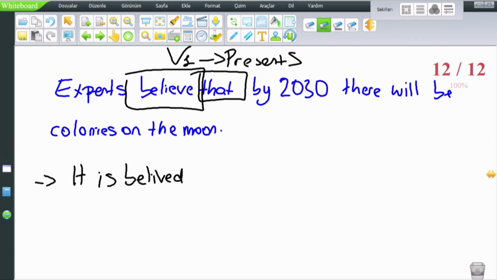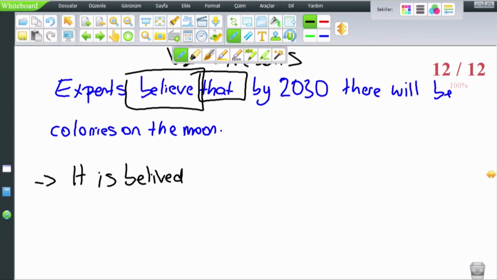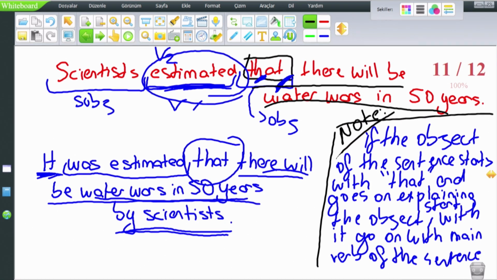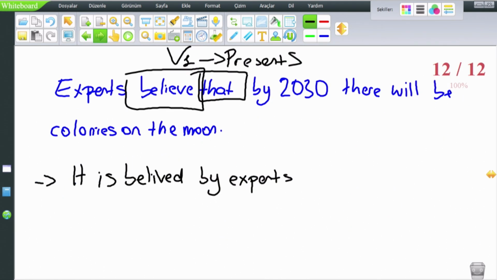By the way, I can put by experts also here. None of them is wrong. You can also put it here and at the end of the sentence, by experts, that. Then I continue with our object.